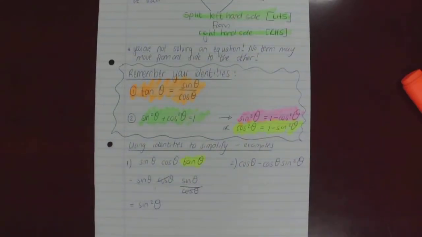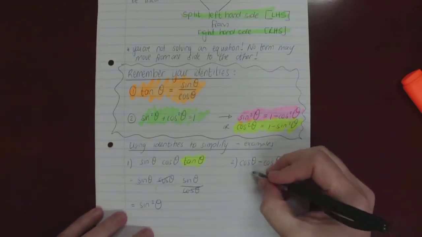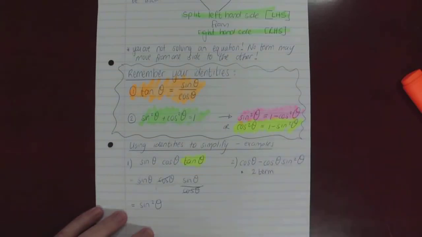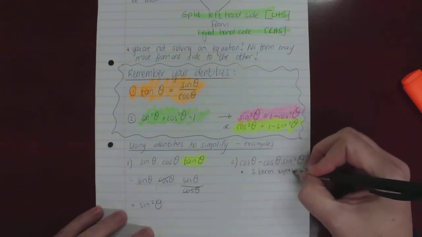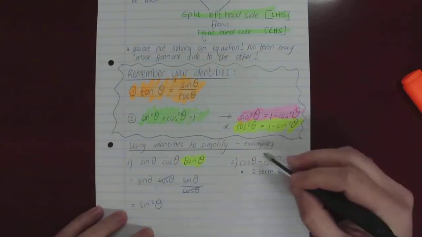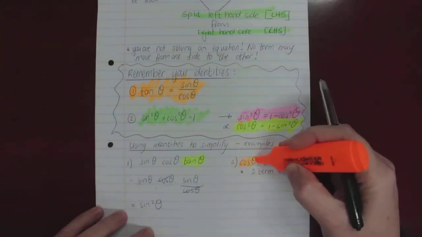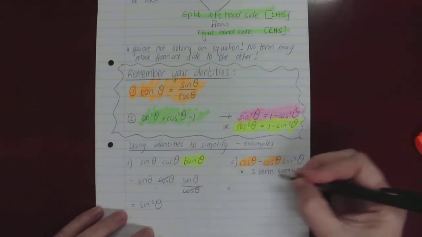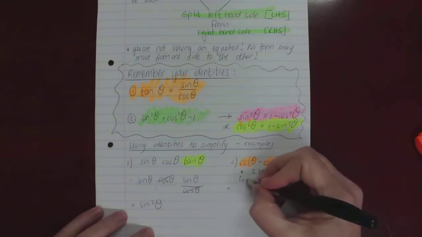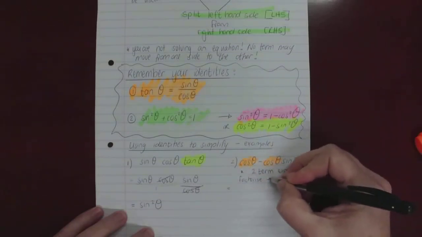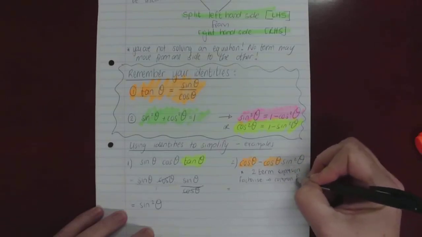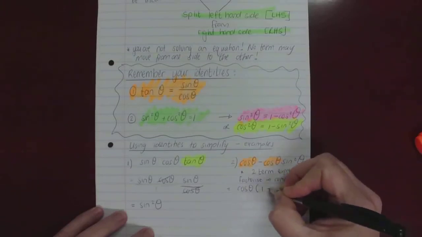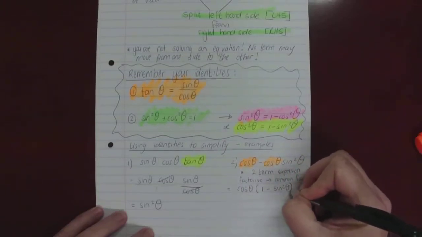Right, looking at the second example. So if I look at this, what do I notice? I notice that I have a two-term expression. When I look at each term, I notice that there's a cos theta in each one of them. So I can factorize by taking out a common factor. If I take out cos theta, I'm left with 1 minus sine squared theta.